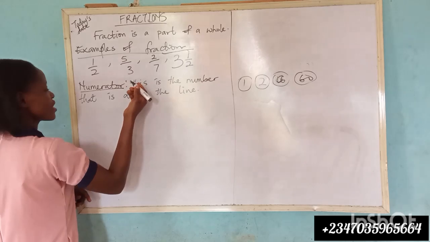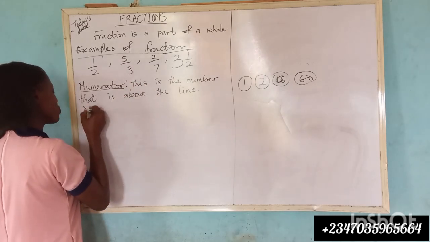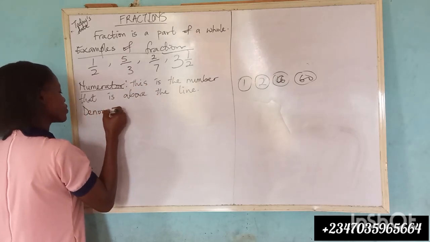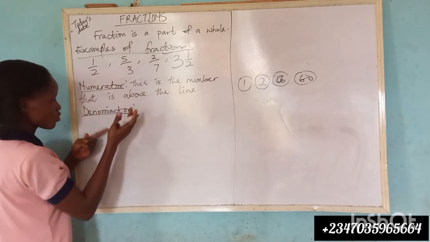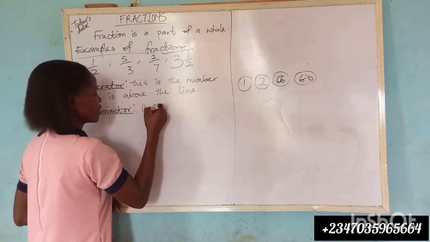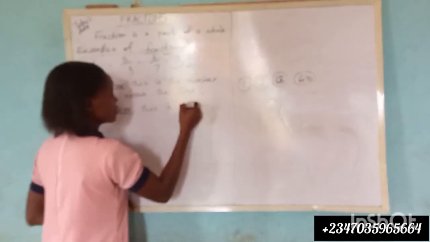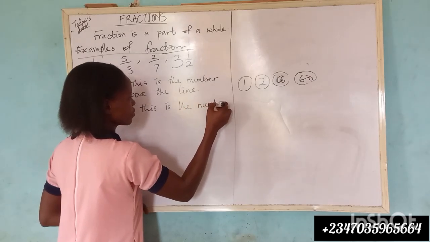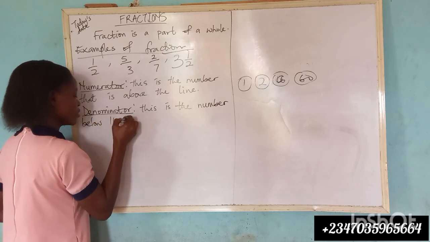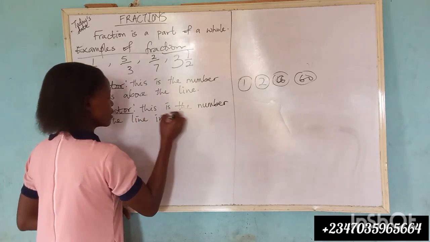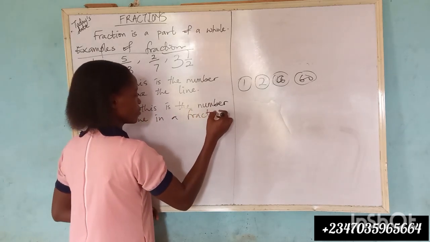Yes. Now let's go to the second one that we usually use, denominator. We have the number up, so this one is the number below the line in a fraction.